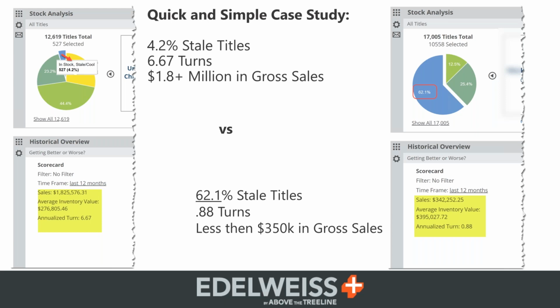So that means basically 4% of their inventory hasn't been sold in a year, which is a pretty small number. You look over on the other side, and this other store, which has a little bit higher inventory, has 62% of their inventory unsold, which is also insane, but in a different sort of way.